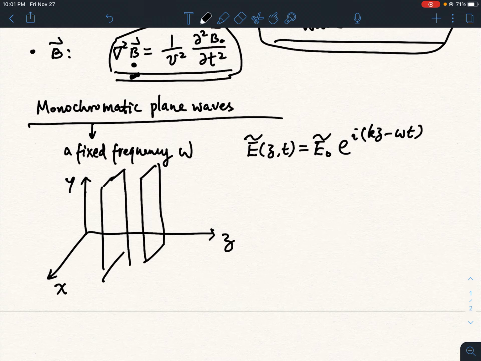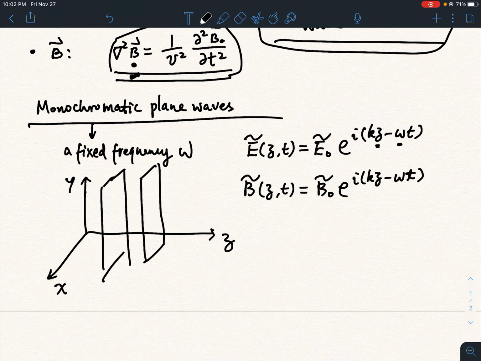So the electric field can be written as a wave propagating along the z direction with frequency omega. Same thing for the magnetic field: we can write B0 e^(i(kz minus omega t)). And the frequency omega is the speed, which is c, the speed of light, times the wave number.